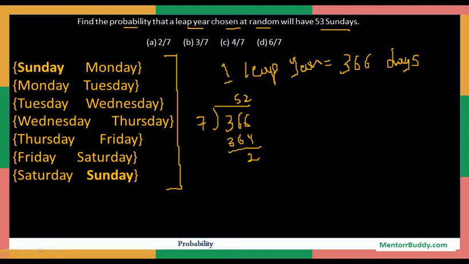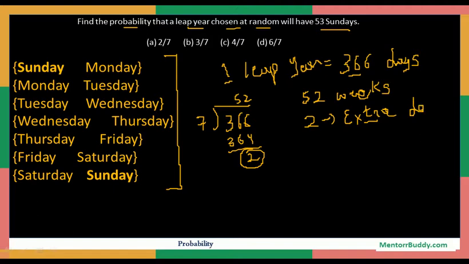This shows that in a leap year, in a span of 366 days, there will be 52 complete weeks and there will be 2 remaining extra days. These 2 extra days are going to be the key to fetch the right answer for this question.